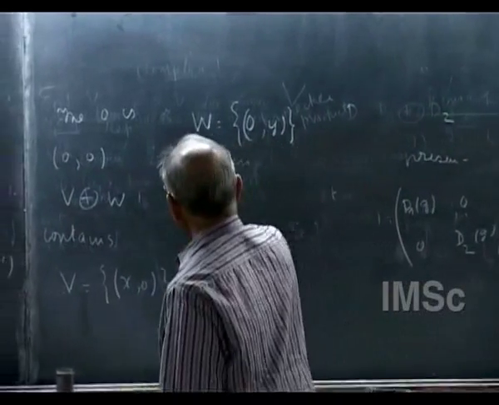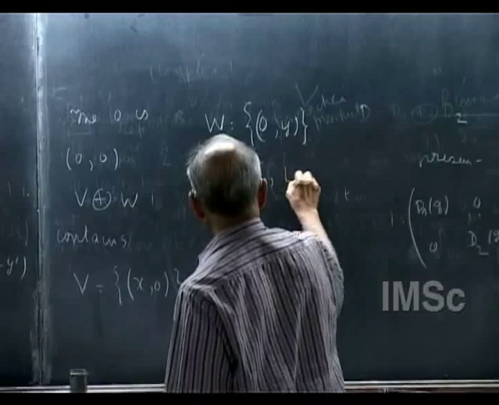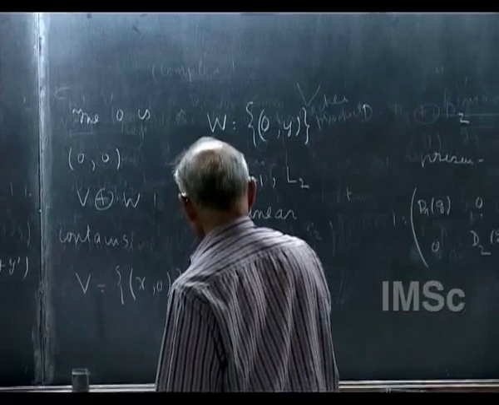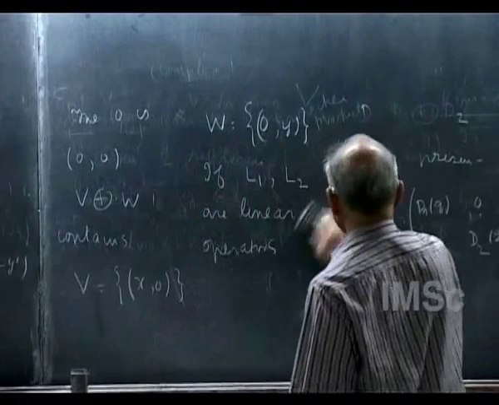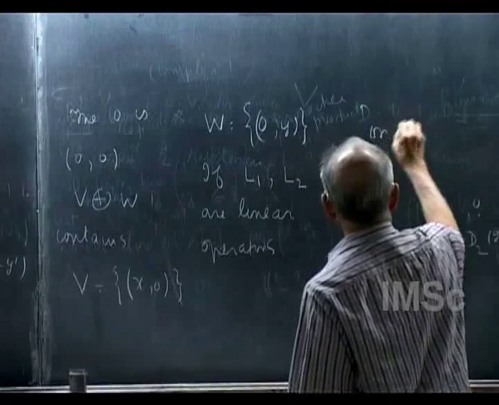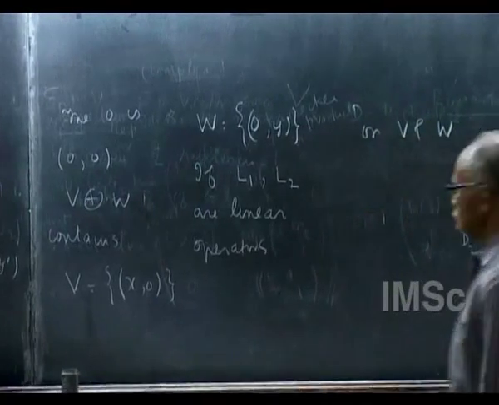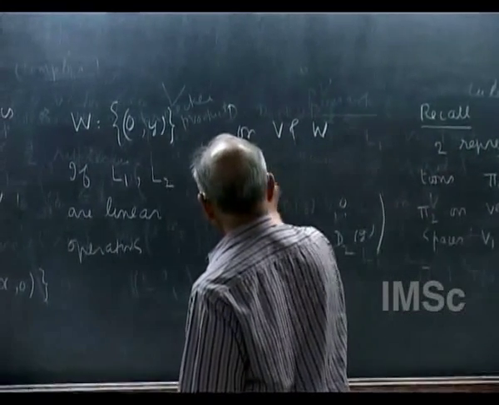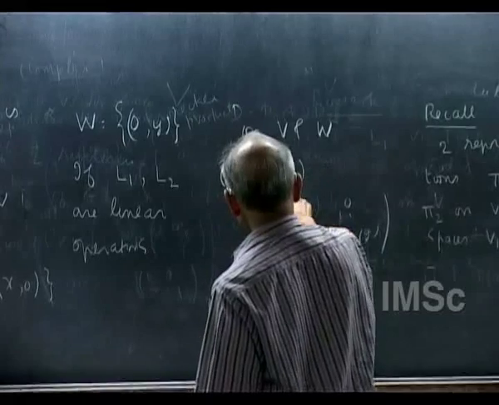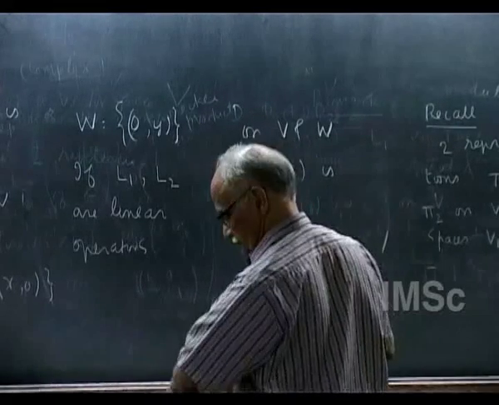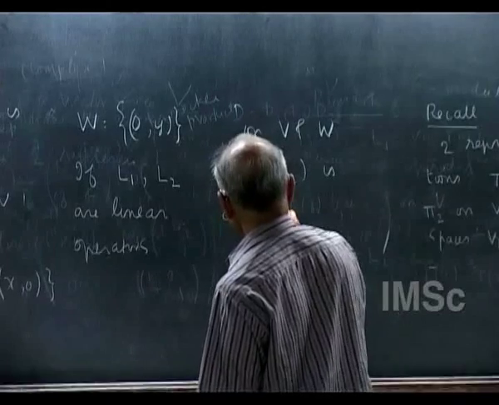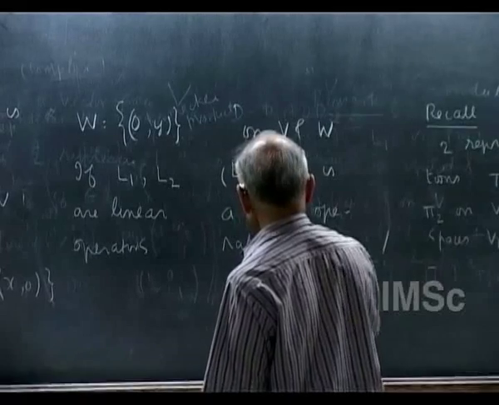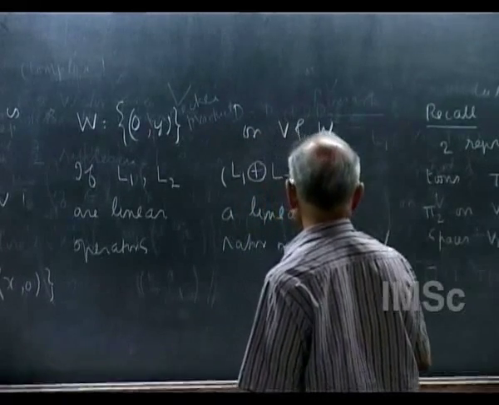Now, if L1 and L2 are linear operators on V and W, their direct sum, L1 plus L2, is a linear operator on V plus W. How will I define it?